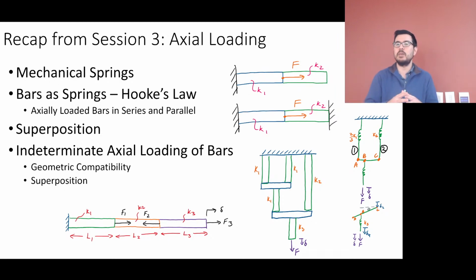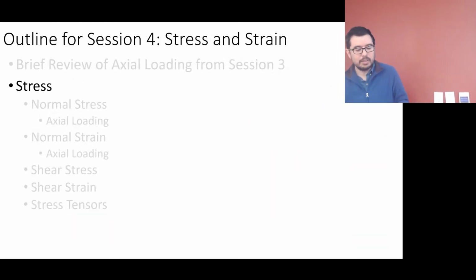We still care about the geometry and being able to put a restoring force on it to be able to get, in the simple case, the displacement back to zero. So we still care about geometry. So today, let's talk about stress and strain. And I realize now that my headings are not the awesomest, because this says stress, and then I could have bumped out strain because they're not the same. Anyway, but we're going to go through normal stress. We're going to go through stress, normal strain, shear stress, shear strain, and then stress tensors.